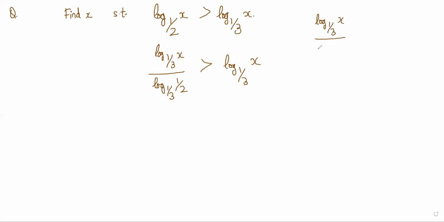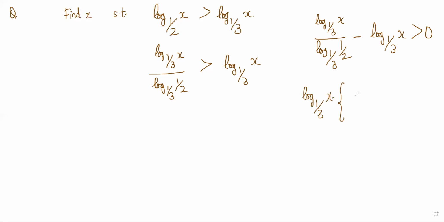Log 1/3 x by log 1/3 1/2 minus log 1/3 x should be greater than 0, right? So take log 1/3 x common and you have 1 by log 1/3 1/2 minus 1 is greater than 0.